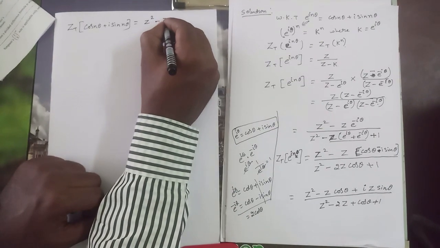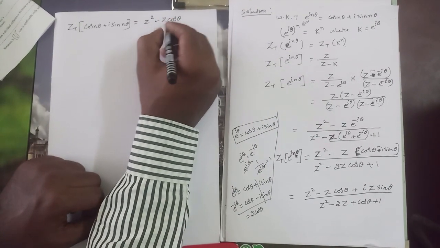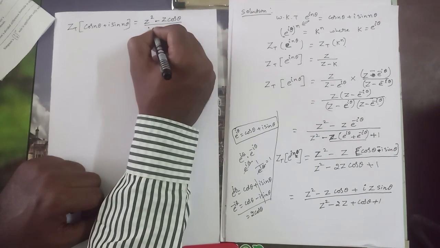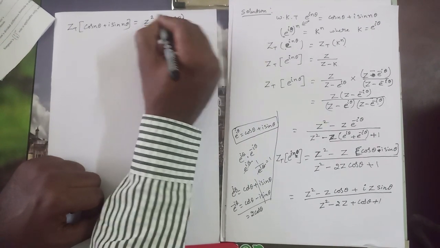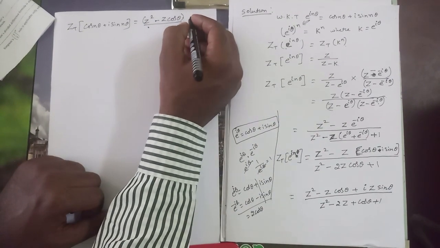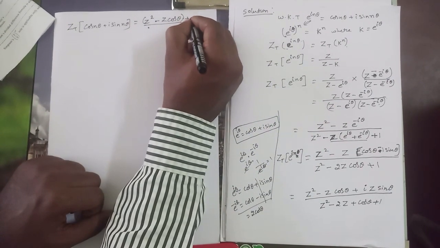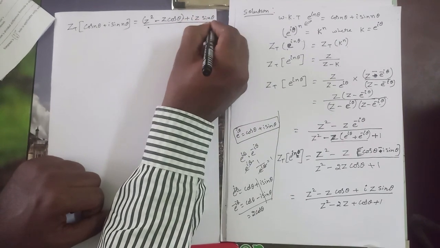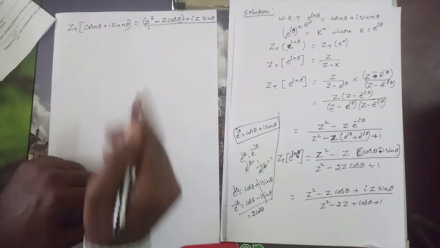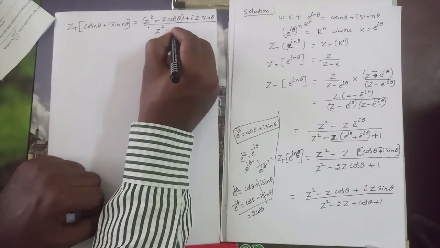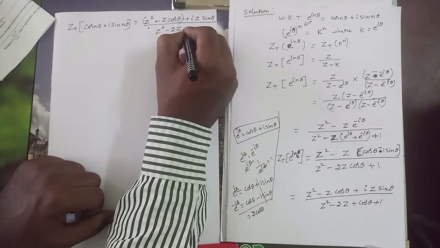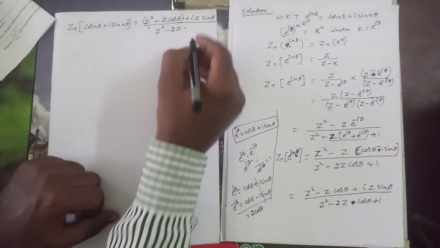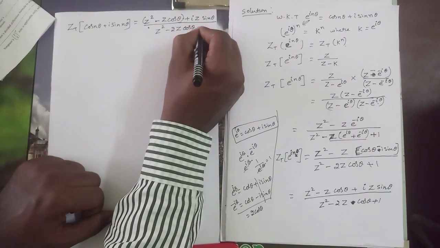So z square minus z into cos θ divided by z square minus 2z cos θ plus 1, separately here, plus i into z into sin θ, whole divided by z square minus 2z cos θ plus 1.